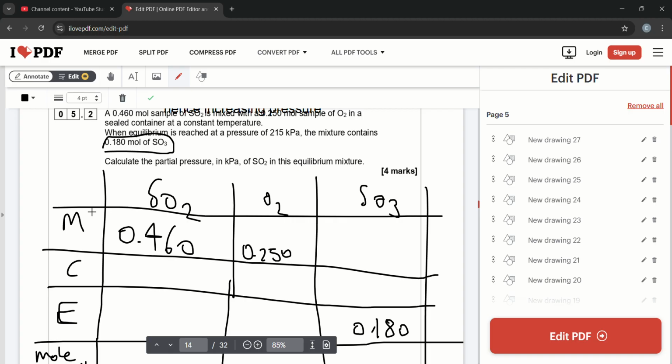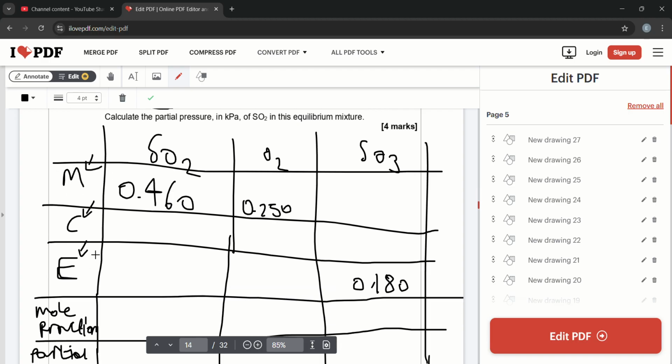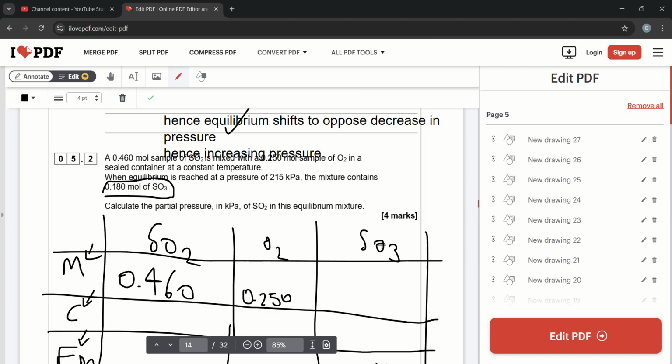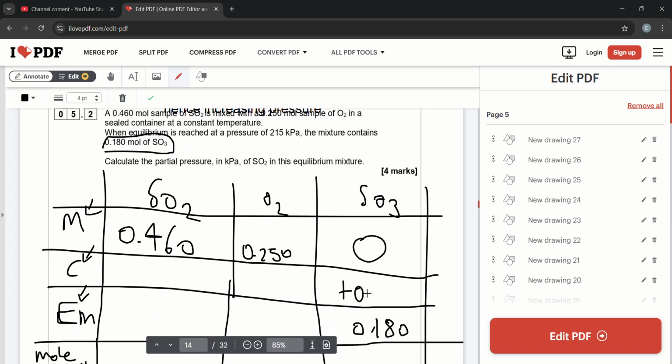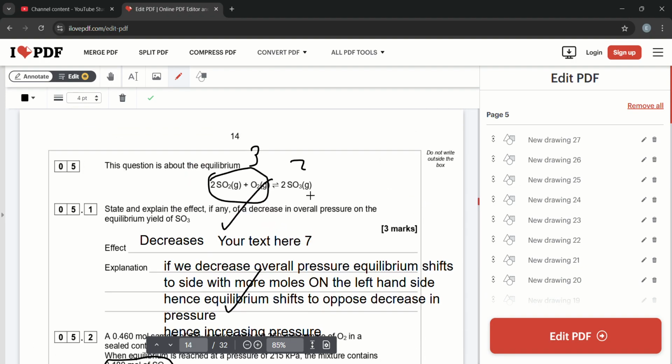Before I carry on, M stands for moles, C stands for change in moles, E stands for equilibrium moles, MF mole fraction, and partial pressure. We're going to assume that SO3 at the beginning was 0, so it increased by 0.180.